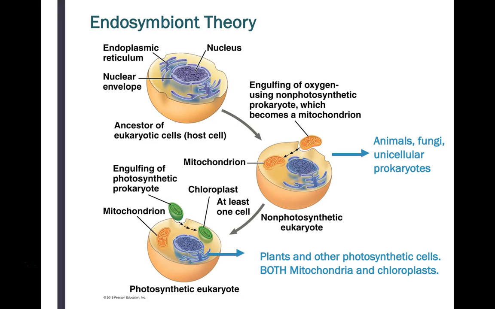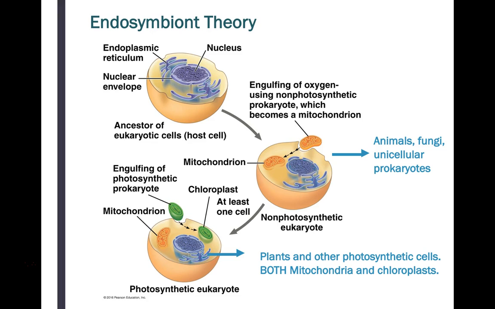So some of those cells went on to become the animal and fungi, and that actually should say unicellular eukaryotes, so went on to establish a eukaryotic line of organisms.